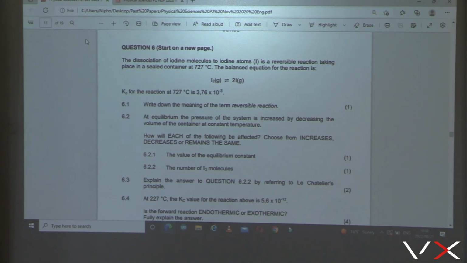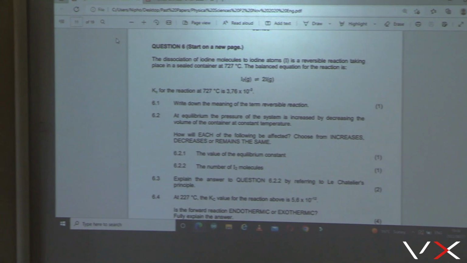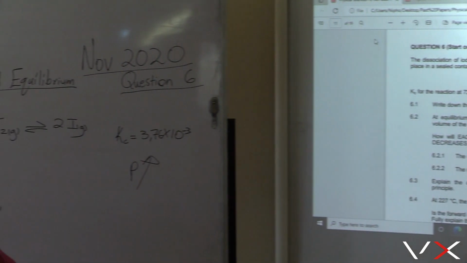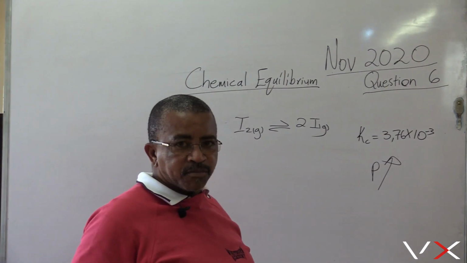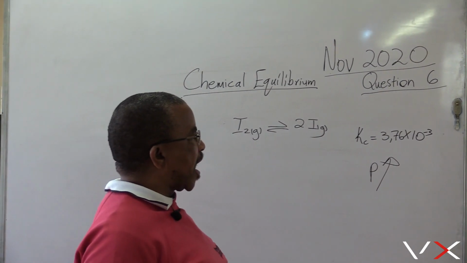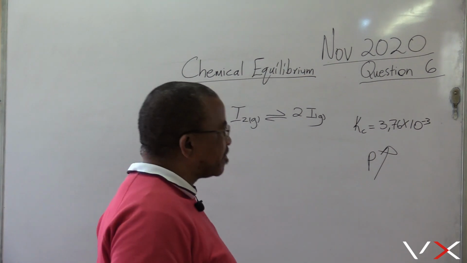So what about the number of I2 molecules? When you increase the pressure, the system will shift to the direction where fewer moles are formed. So the number of I2 molecules, or iodine molecules, will increase.